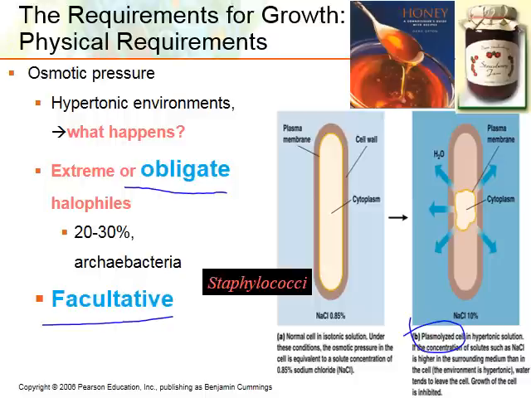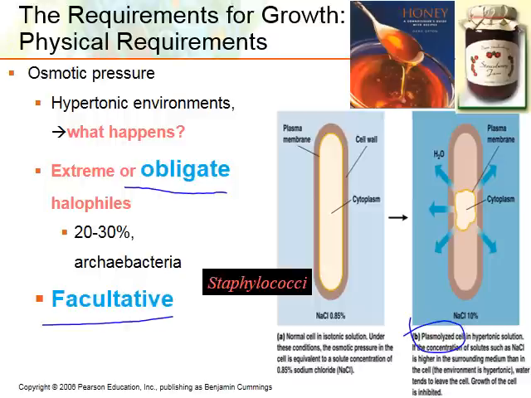Like a lot of people, it used to be. Now we're becoming more aware, or people are becoming more aware. A lot of people think, well, go to the beach and it's so salty in that water that a lot of microbes can't grow. And that's a bunch of crap. We know that nowadays because that's at the beach, inside the water. That's a common place to actually get MRSA, methicillin-resistant Staphylococcus aureus, because MRSA is a strain of Staphylococcus aureus, which is a facultative halophile.